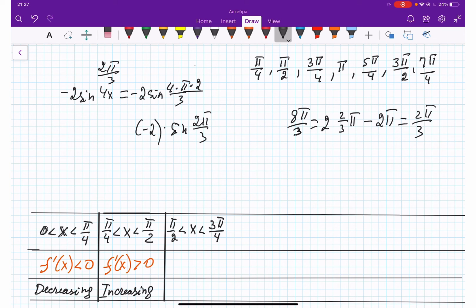The sine of it is square root 3 over 2. So we are getting negative 2 times square root 3 over 2, which means the answer is negative, which means f prime of x is less than 0, which means we have a decreasing interval. The graph is decreasing.